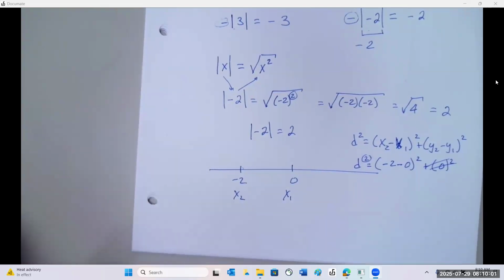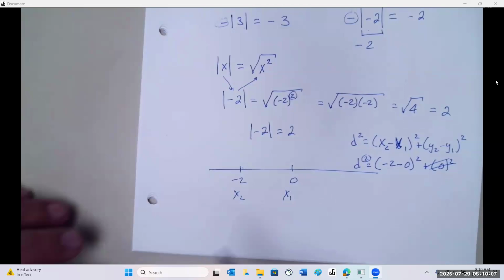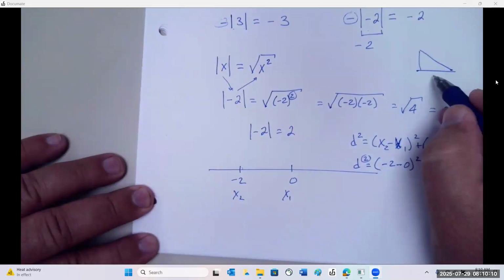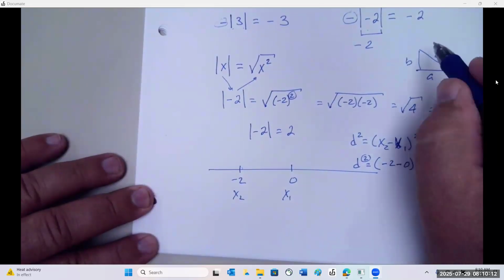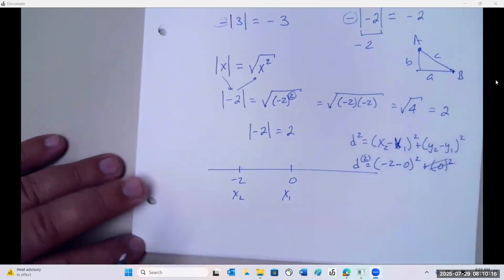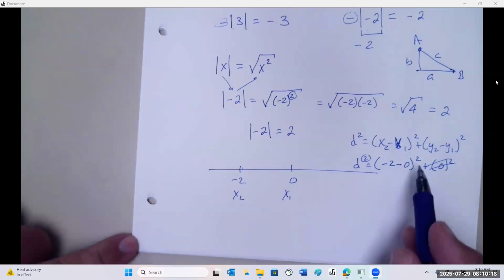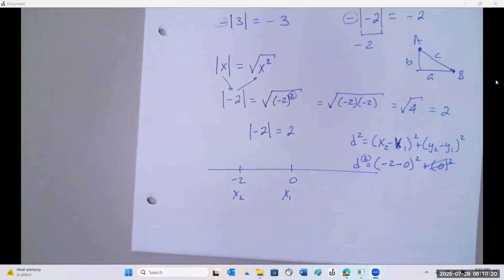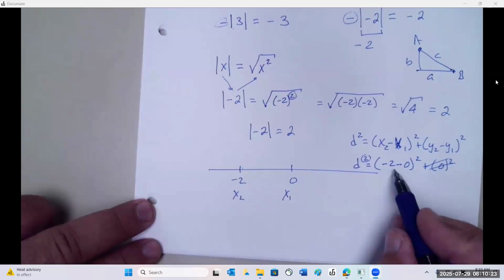It's the distance formula, which starts off with the Pythagorean theorem. It's defined by the Pythagorean theorem. The Pythagorean theorem says a squared plus b squared. What it does, it tells us the distance between these 2 points. So no, it doesn't have to be. The formula itself is d squared equals that.